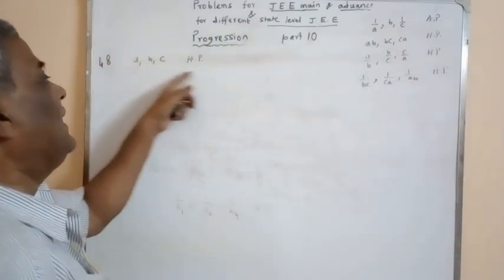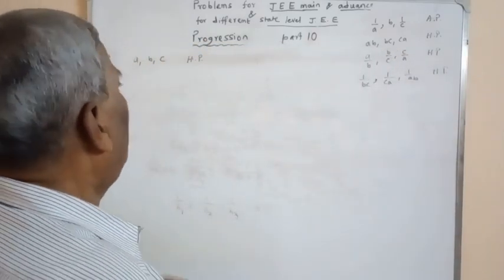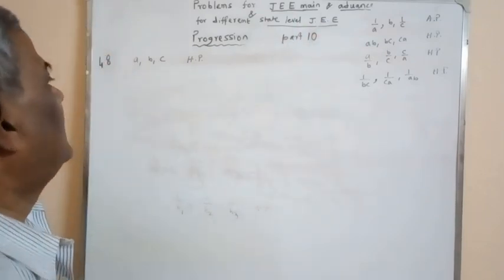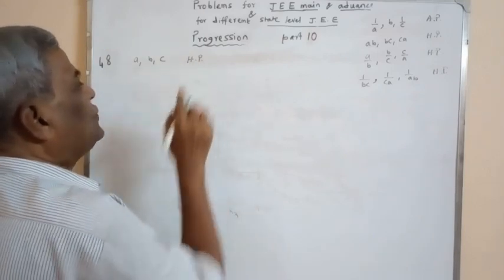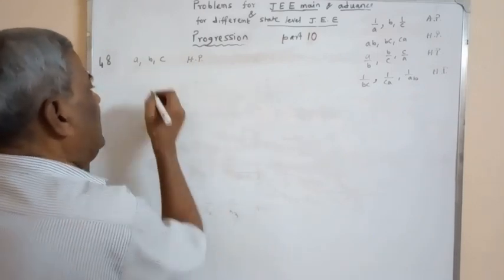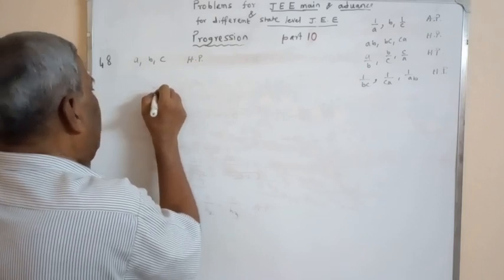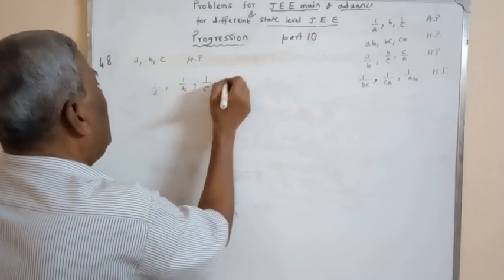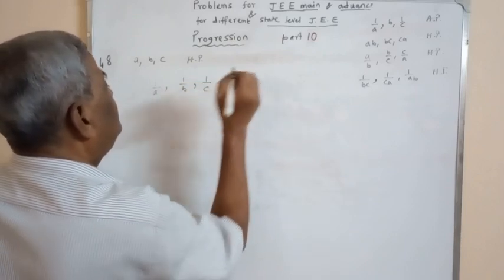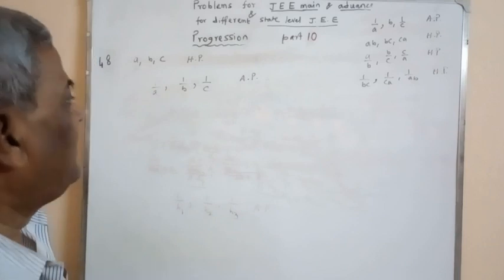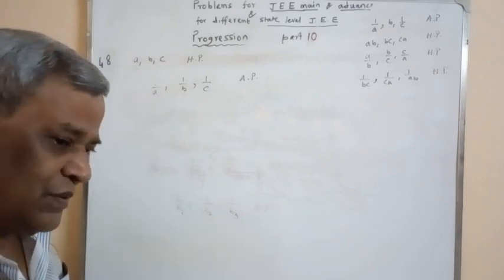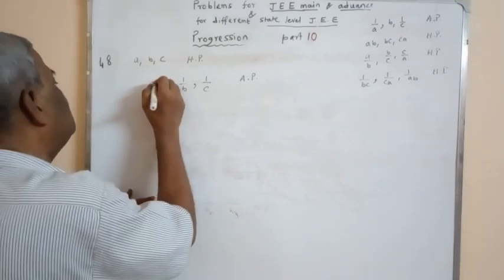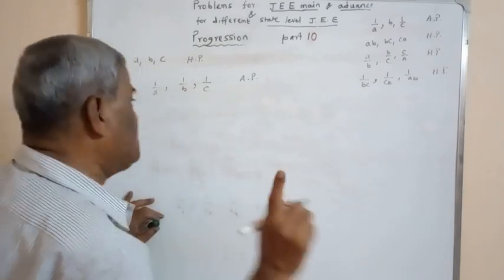The problem is that they are in HP. Then which one is true? Because A, B, C are in HP, 1 upon A, 1 upon B, 1 upon C are in AP. Now multiply all the terms by a constant term ABC.